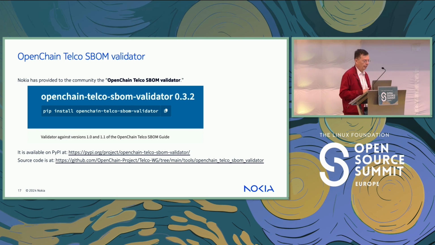So now with my Nokia hat, at Nokia, with my colleague Gage, who is here, we have created a Python program called OpenChain Telco SBOM Validator that will allow you to very easily check an SBOM against the guide. The latest version is here, 0.3.2. It's available on PyPI. The source code is available on our OpenChain website.